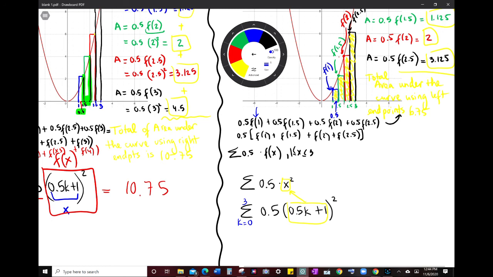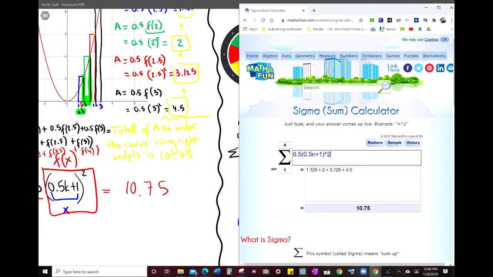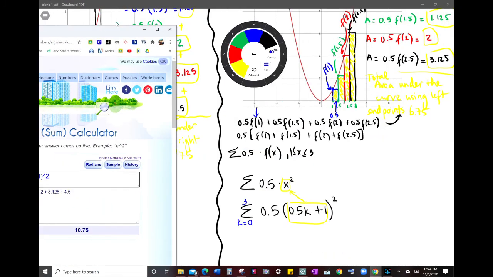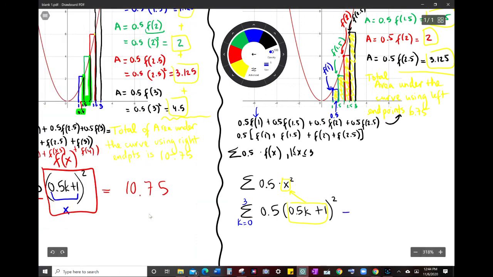And now I'll use the calculator. So we have this. We just need to fix this. This becomes 0, this becomes 3. Everything should be the same. Yeah, got the same answer, 6.75 as the sum.